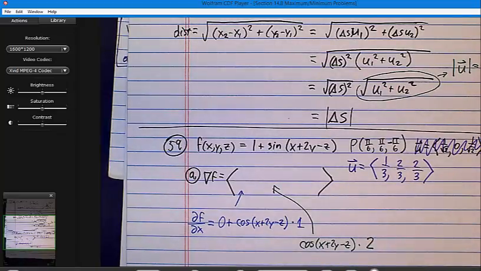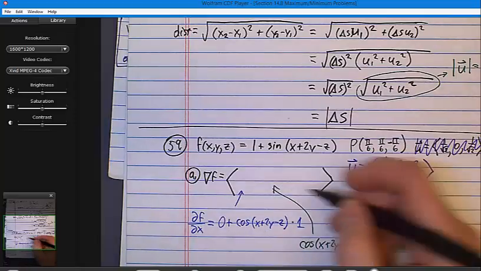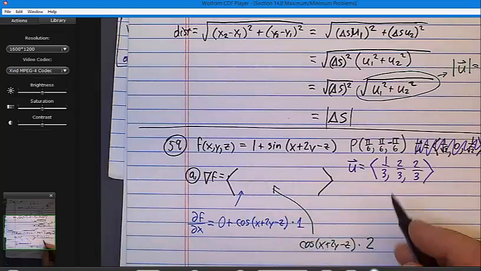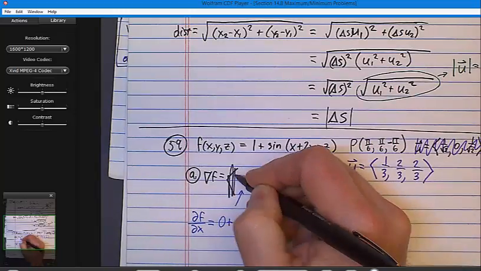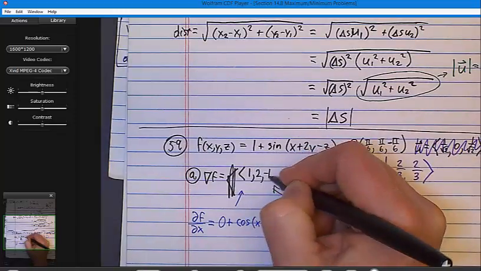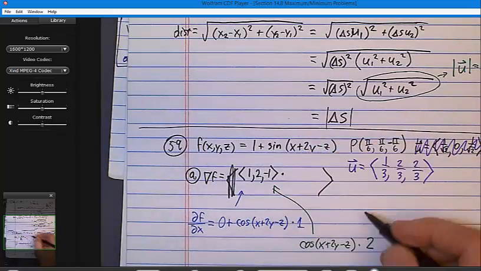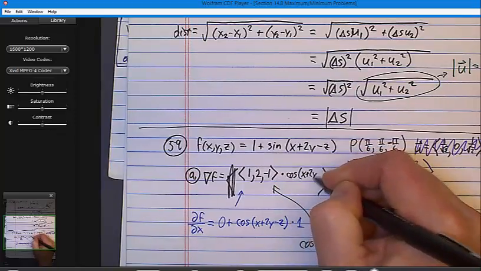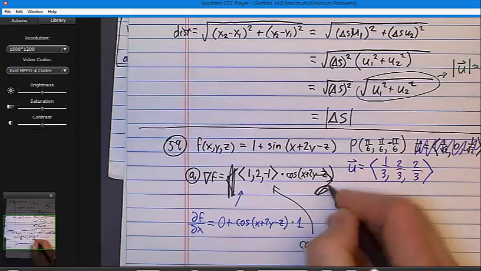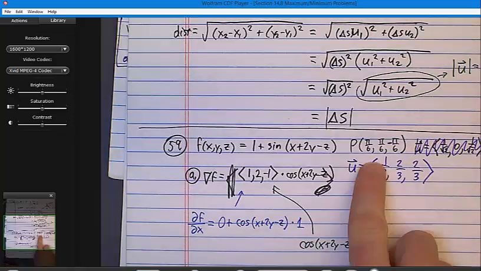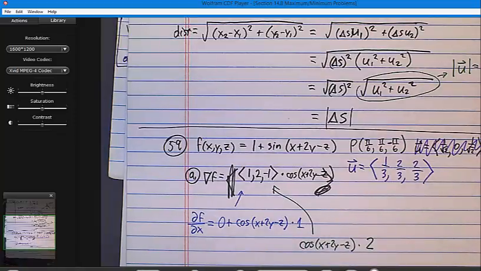So I guess what I really get is that grad f is the vector 1, 2, negative 1 times the cosine of x plus 2y minus z. That's maybe another way to write the gradient. And now I can evaluate it at that point, pi over 6, pi over 6, negative pi over 6.